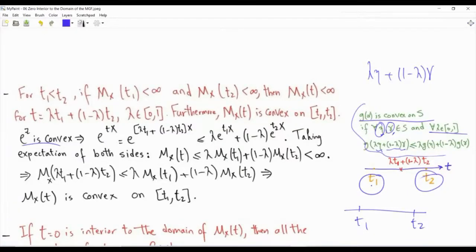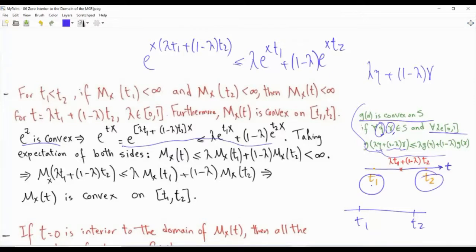And what convexity means is that if we take e and now fix an x, suppose that x is some fixed number, then e to the x times lambda t1 plus 1 minus lambda t2 is less than or equal to, because of convexity, lambda e to the xt1 plus 1 minus lambda e to the xt2. Okay, so this is from convexity.